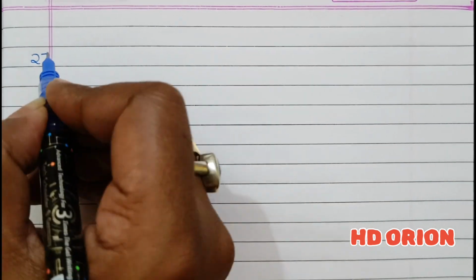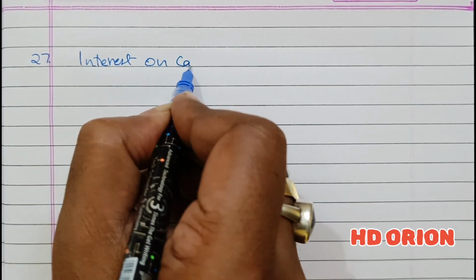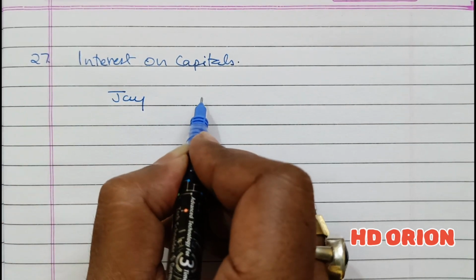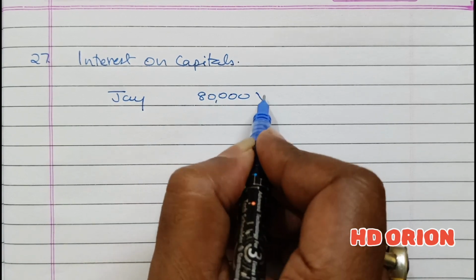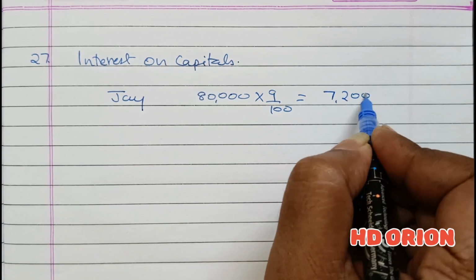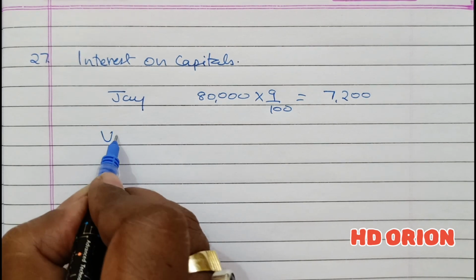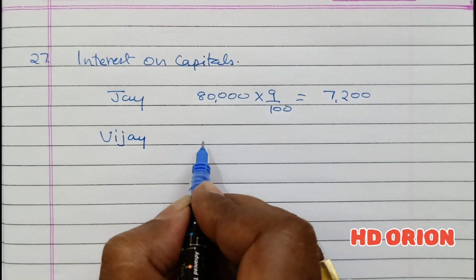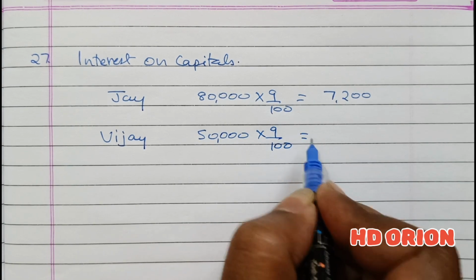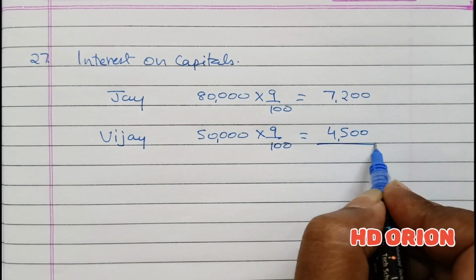Solution 27 we will see. So interest on capital for partner J. J's capital is rupees 80,000 and recommended rate of interest is 9% per annum, and J should get rupees 7,200 as interest on capital, whereas the other partner Vijay is having a capital balance of rupees 50,000 and rate of interest suggested in the partnership deed is 9%, and his interest on capital has to be 4,500.